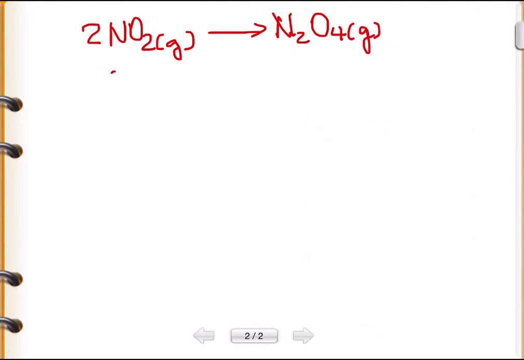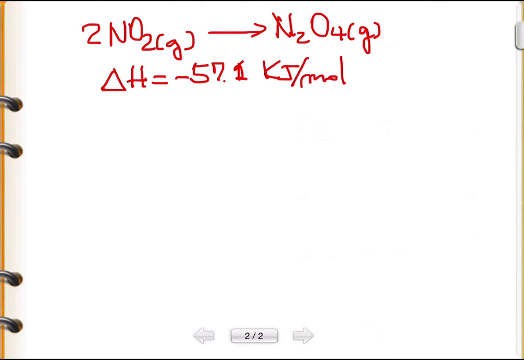So the delta H for this reaction is minus 57.1 kilojoules per mole, and delta S for this reaction is minus 176 joules per mole per Kelvin.